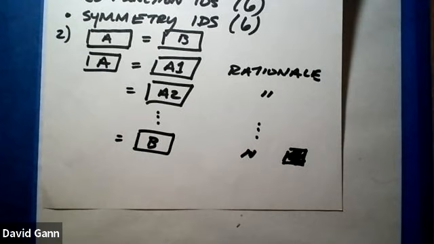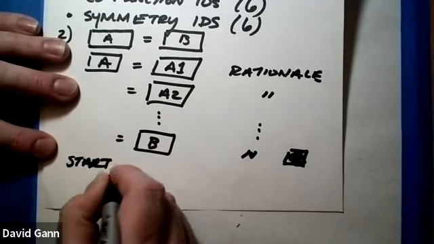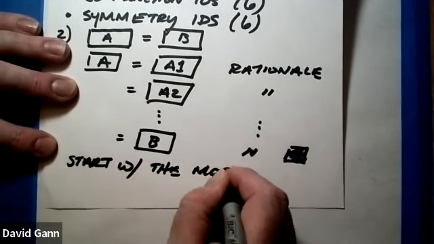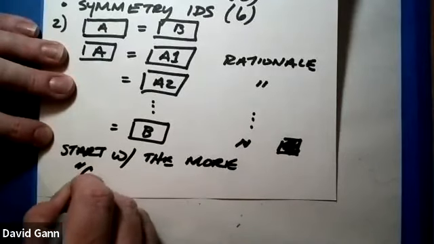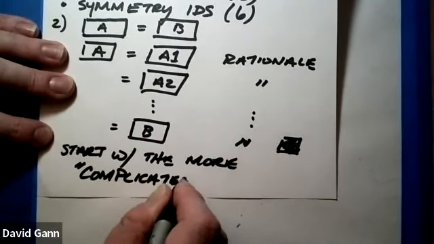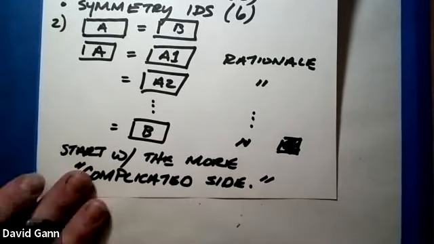Now, the question that comes up is, well, which side should I start with? And the statement that I usually make is, start with the more complicated side, whatever that means. I think that in many instances, you'll be able to tell which one's the more complicated.